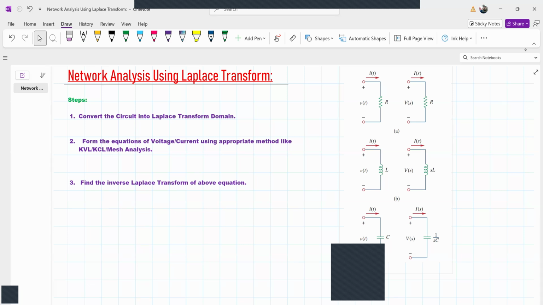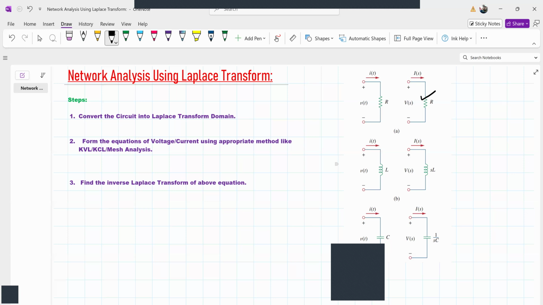In the last session, we learned what happens to R, L, and C if we use the Laplace transform domain. If we apply Laplace transform to these circuit elements, what happens to their voltage and currents? We know the resistor gets replaced by R in the Laplace transform domain.